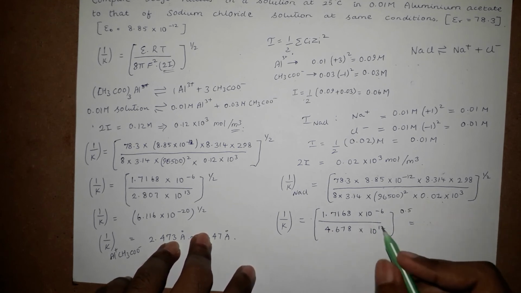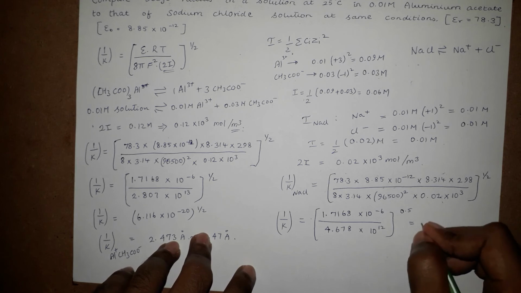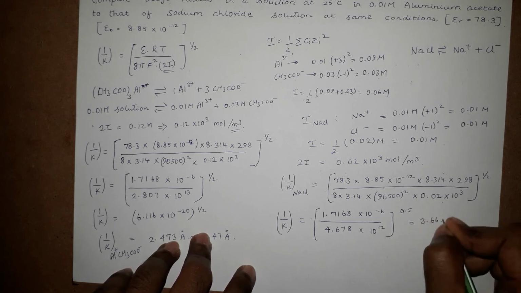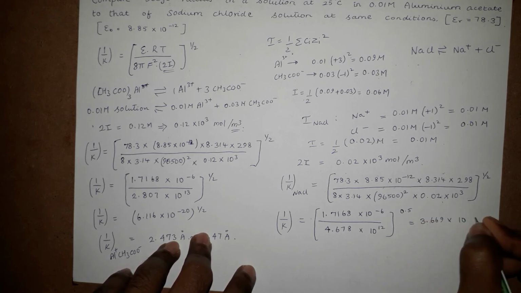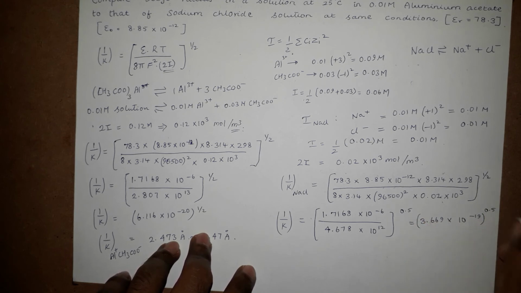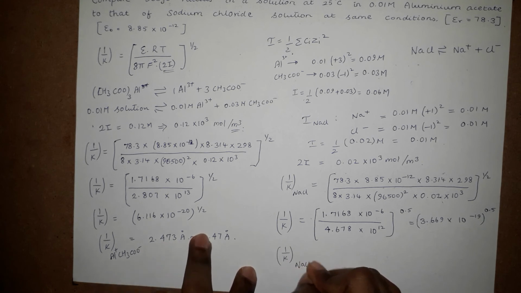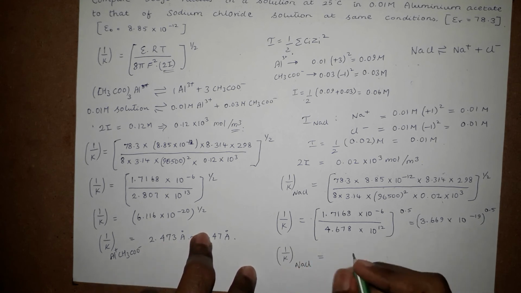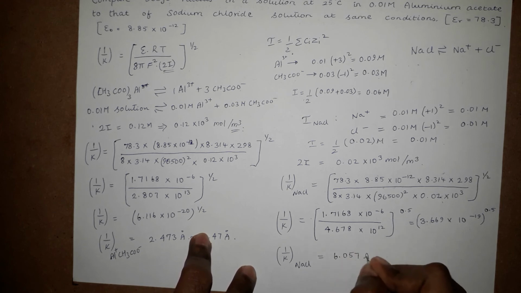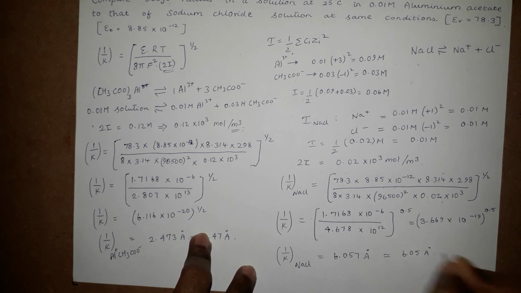On dividing these two, we get 3.669 into 10 raised to the power minus 19. So for NaCl, the Debye radius came around 6.057, about 6.05 Angstrom.